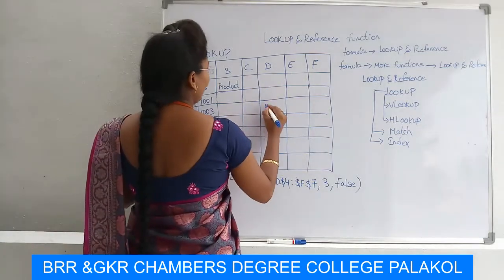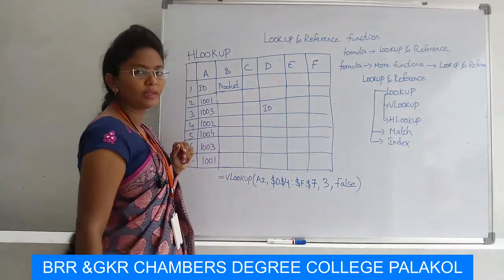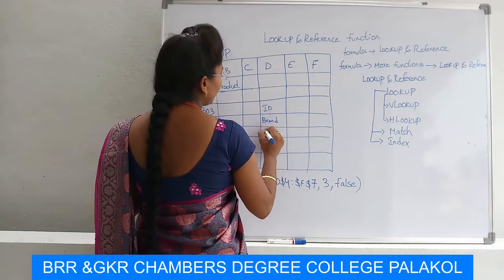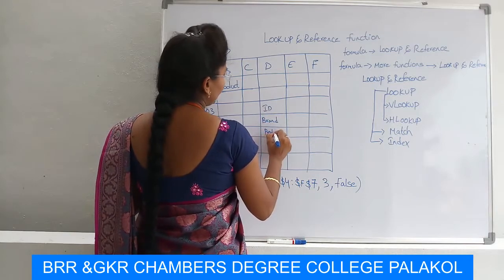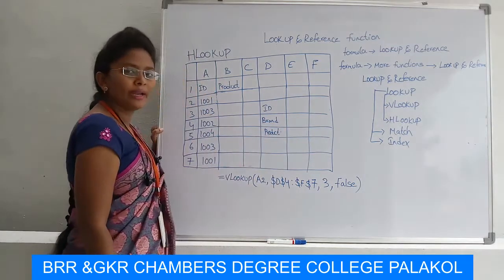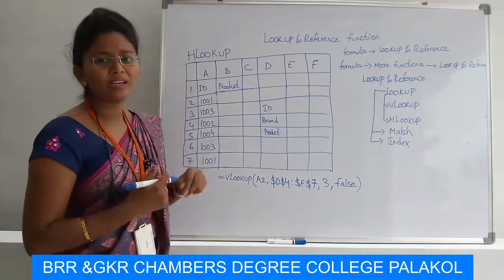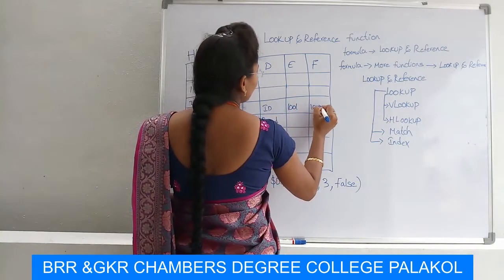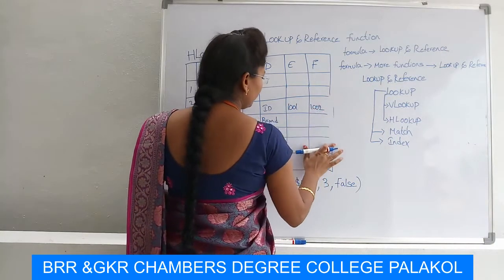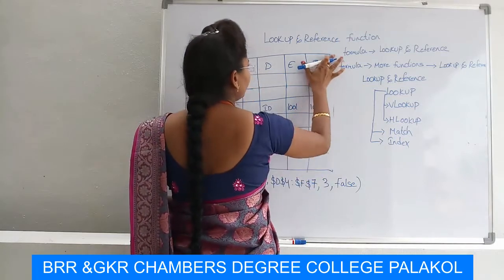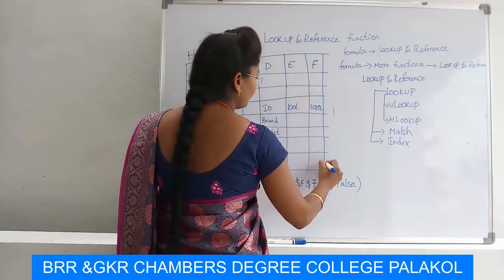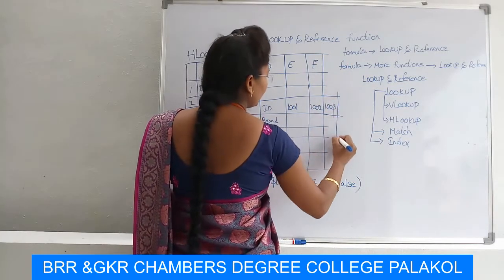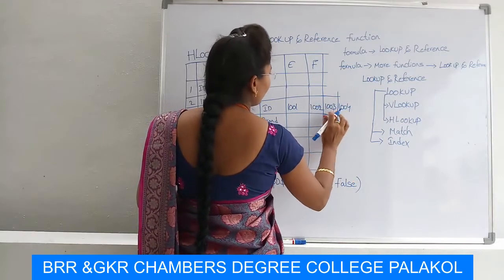That means here I am entering ID number and the next one is the brand. I am taking the data in the horizontal way. You can see in the Excel sheet. I am writing here. And the next one is 1001, 1002 and the next one is 1003 and the next one is 1004.